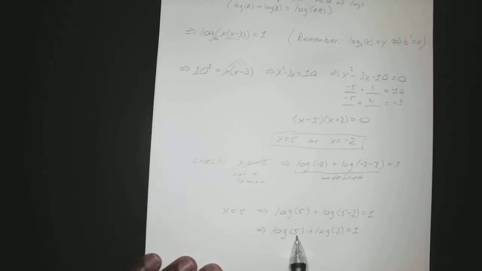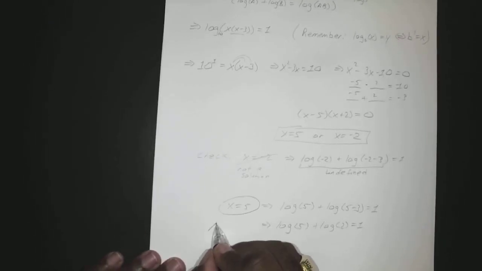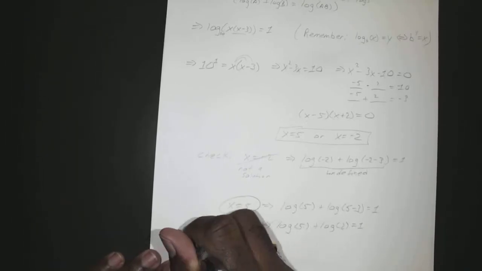Now you don't have to actually go through the entire process of solving it. You just want to make sure you don't have any negative numbers in there. Once you see you don't have any negative numbers for plugging in 5, you're okay. Let's say it's your only solution.